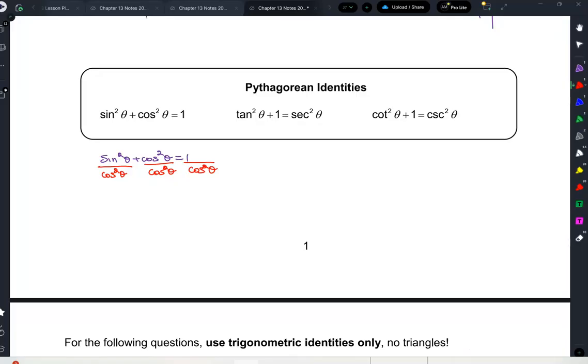Sine squared divided by cosine squared is tangent squared. What's cosine squared over cosine squared? 1. And 1 over cosine we know is secant, so 1 over cosine squared is secant squared theta. All right, so what do you see now? I have another identity, this one.